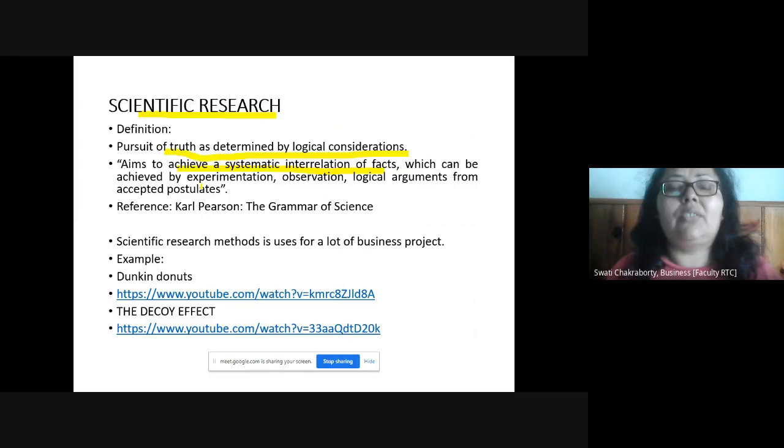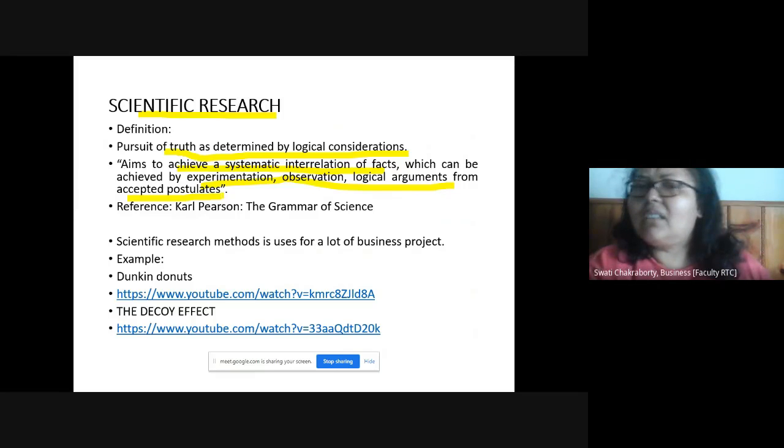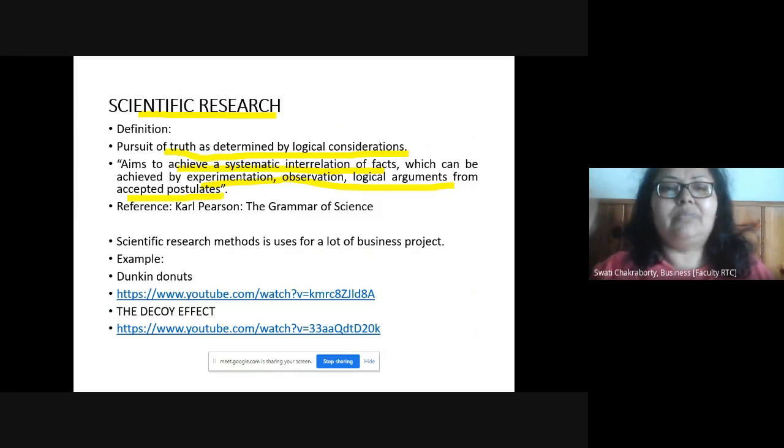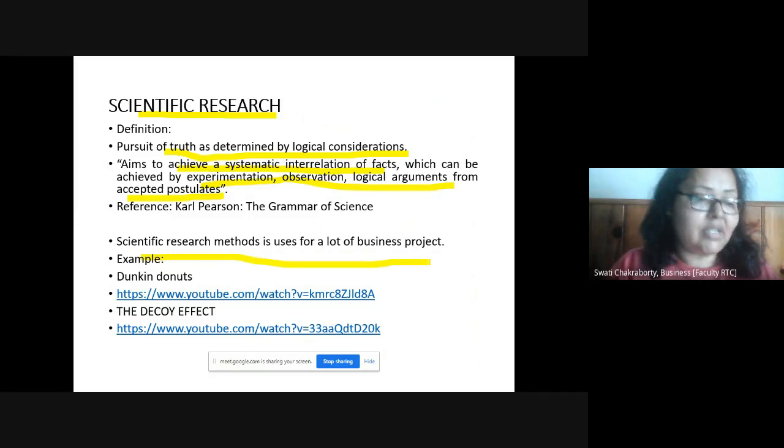It can be done through experiments, through observation, through logical arguments from accepted postulates, like certain theories, certain facts that are there, and you derive your argument based on those facts. Anyone who does this will come up with the same answer, right? Now, scientific research methods can be used even for a business project. Okay, now how has it been?